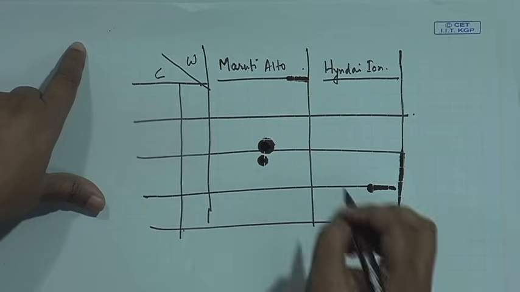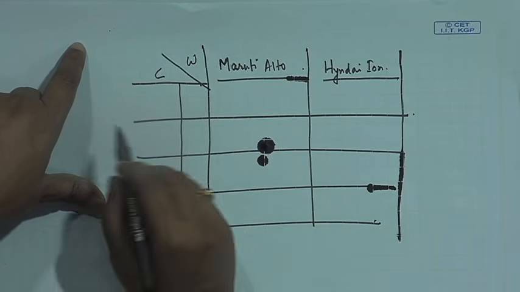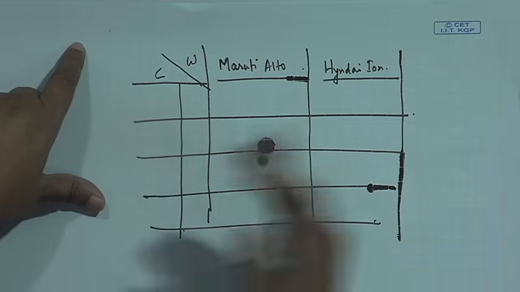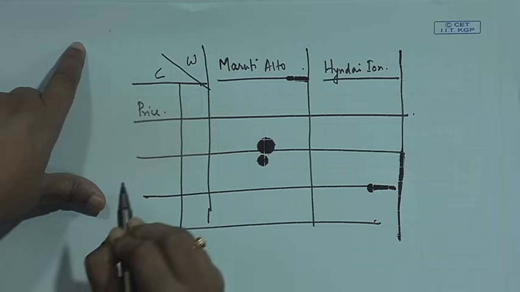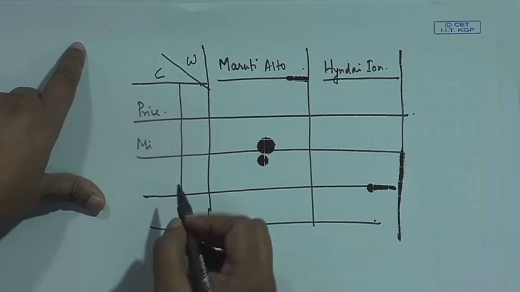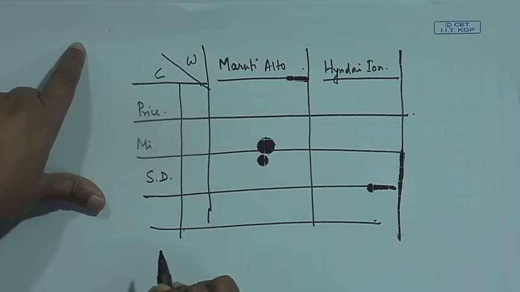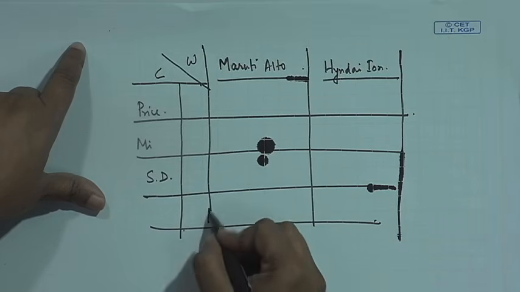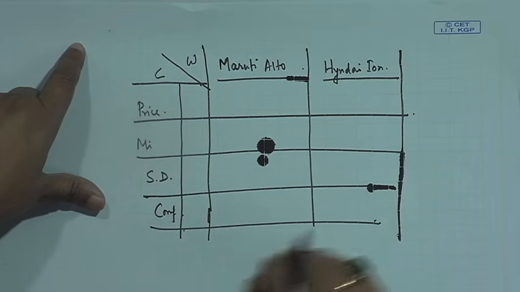I ask the customer what the preferred criteria are on which he will choose a car. They say price could be one criterion, then mileage, then style and design, and maybe comfort. So these are the four criteria based on which I will select a car.